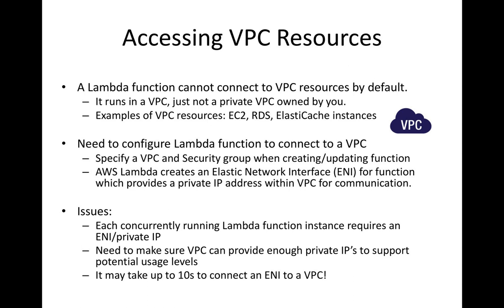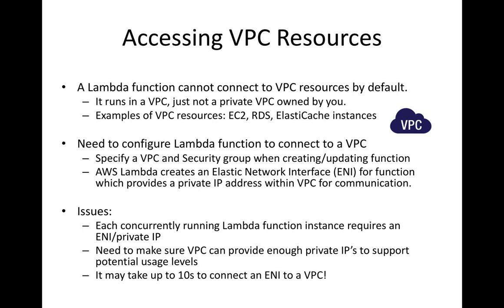The other issue, and this is really a big one, is that in order for the Lambda function to connect to the VPC, it needs an elastic network interface. And it can take up to 10 seconds to create that elastic network interface. Imagine a scenario where you invoke a Lambda function and it's trying to retrieve data from a database.